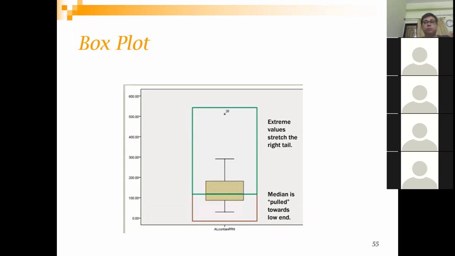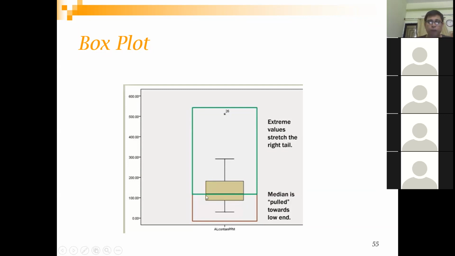Yes, but the most important point is that there is something called a box. It's a 5-point summary. Yes, a 5-point summary, you are right. So this is your Q3 and this is your Q1. And the median should have been in between this box.